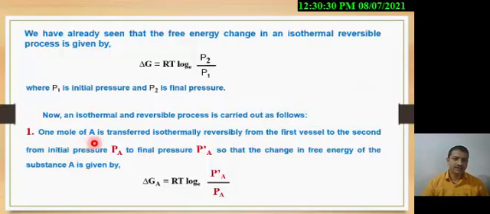Suppose 1 mole of component A is transferred isothermally and reversibly from the first vessel to the second vessel, from initial pressure Pa to final pressure P dash A, so that the change in free energy of the substance A is given by delta Ga is equal to RT log base e P dash A divided by Pa.